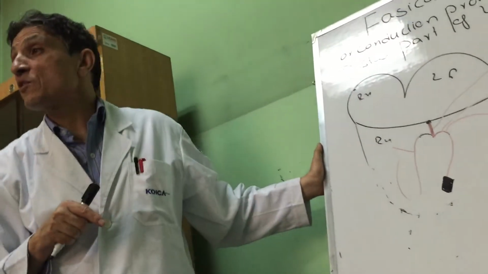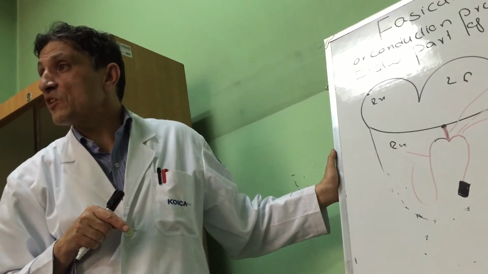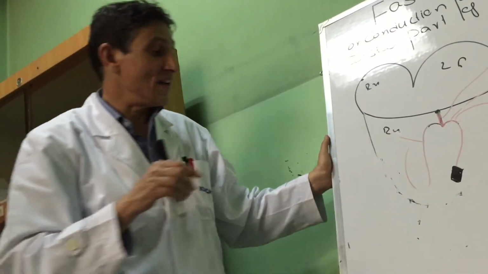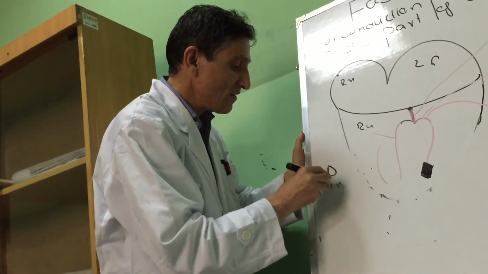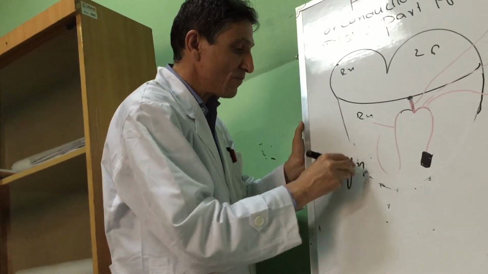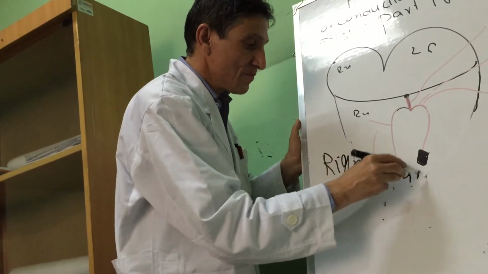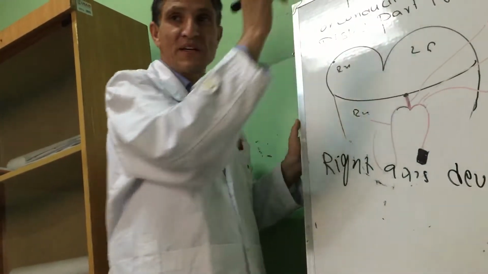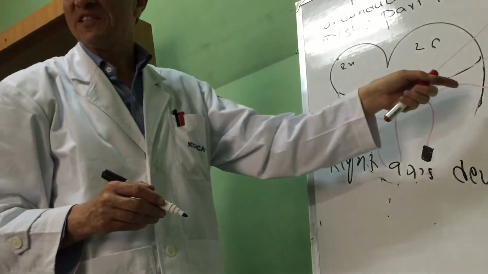So, for a person who has posterior fascicular block, the key pattern of the ECG is right axis deviation. It is the opposite of anterior fascicular block.